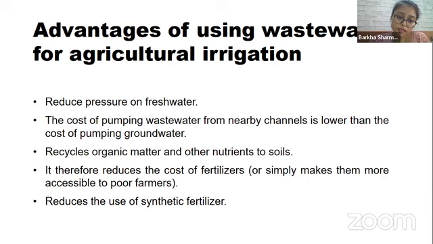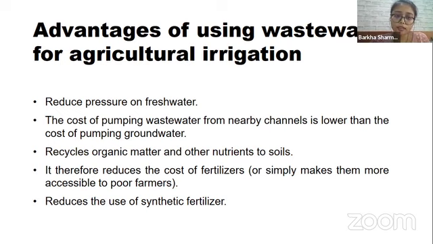Furthermore, the nutrients already naturally present in the wastewater can save the cost of fertilizer to be applied. This can ensure an environmental friendly nutrient cycling and it also protects the water bodies from the contamination caused by synthetic fertilizer.